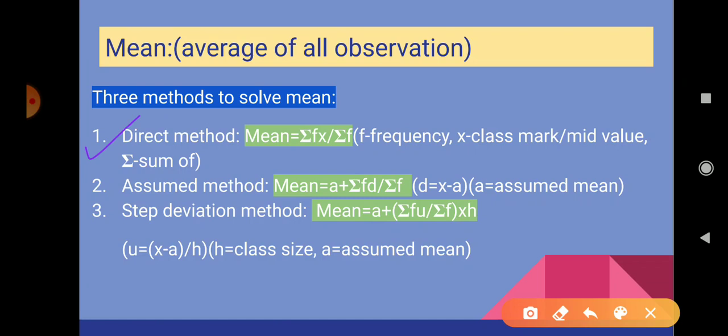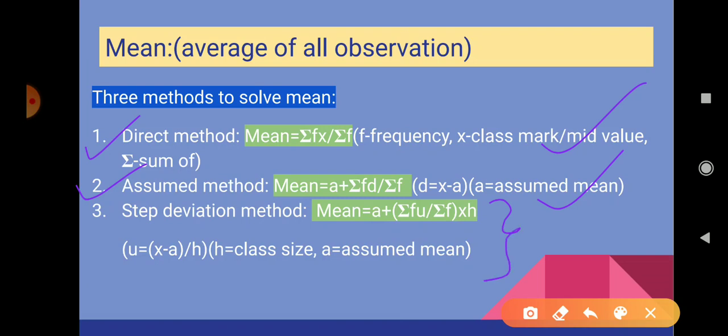Then if the class intervals or values are more than 50 or more than 100, like 500 to 600, 600 to 700, 700 to 800, at that time go for the assumed method. According to me, these two methods are best, the direct method and the assumed method. Go for step deviation only when they mention it in the question.